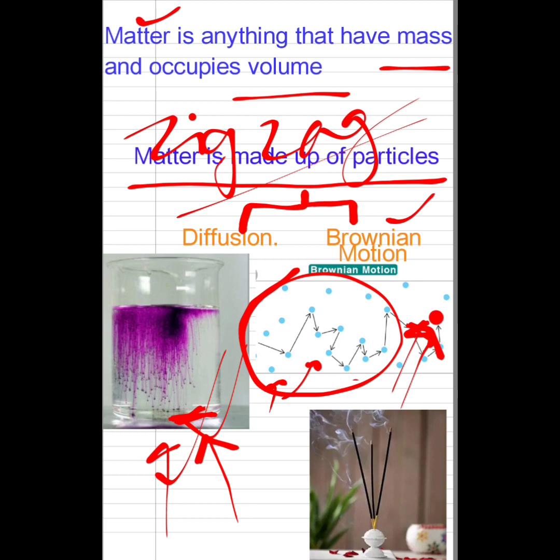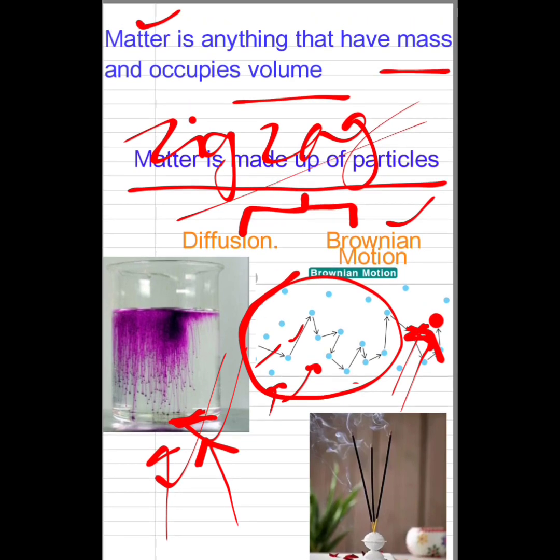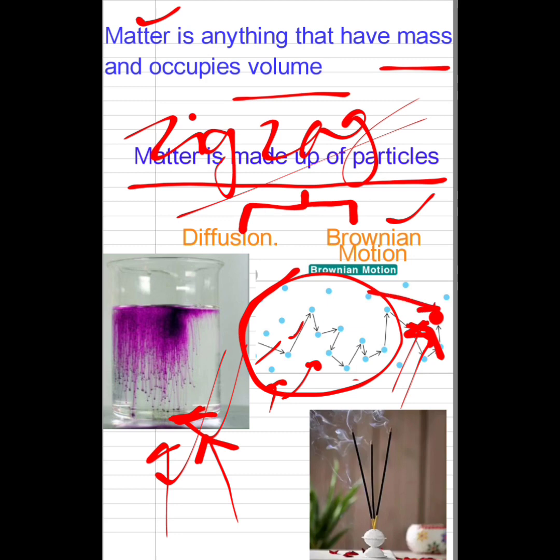As you can see from the arrows, the water molecules were moving in a zigzag path. When one water molecule collides with this pollen grain, it displaces it from its position to another part. Then another water molecule comes and hits that pollen grain.